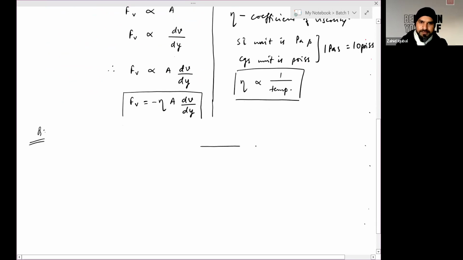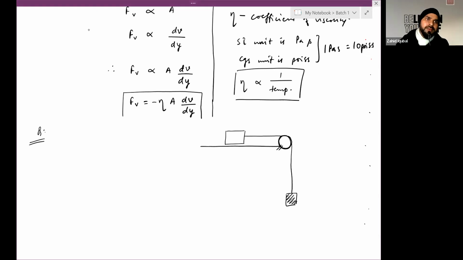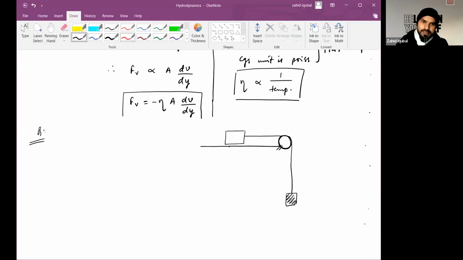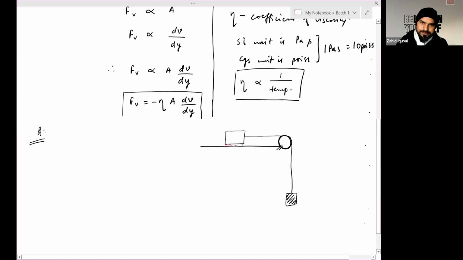Suppose there is a table and a pulley attached to it, and a block connected with a string. Suppose there is liquid at its bottom, this part.